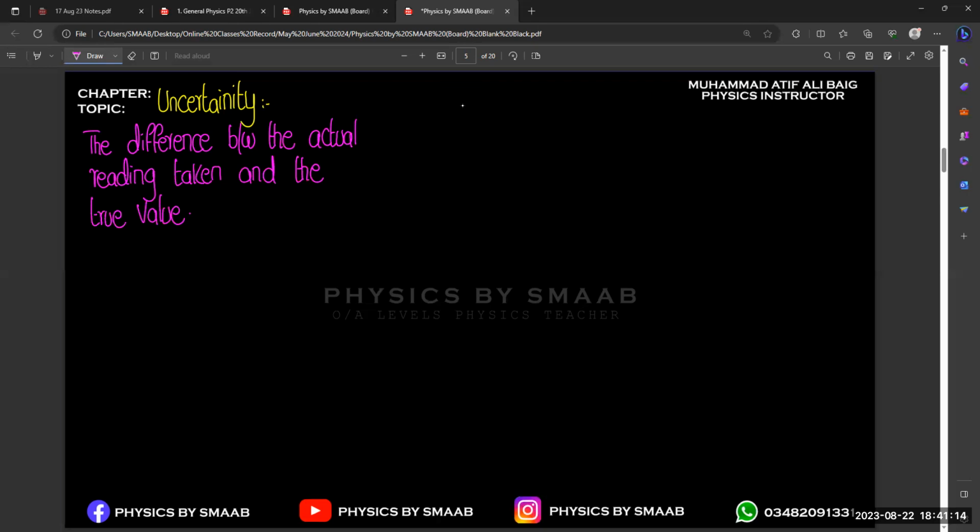And there are three types of uncertainties. So we need to discuss those three types of uncertainties. The first one is absolute uncertainty.